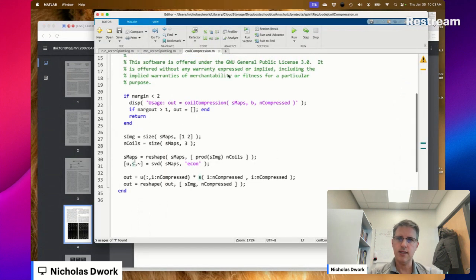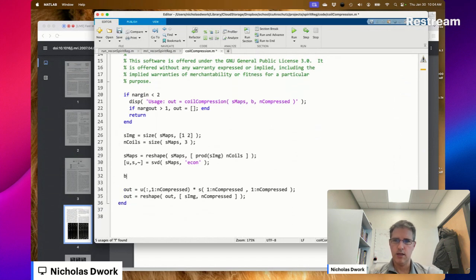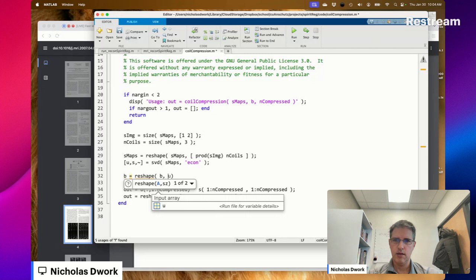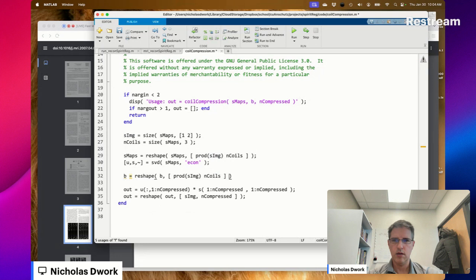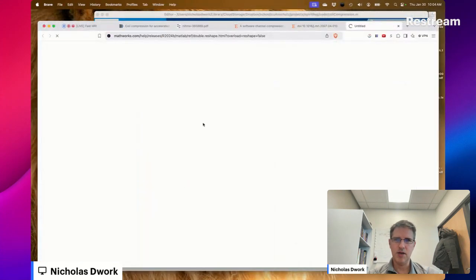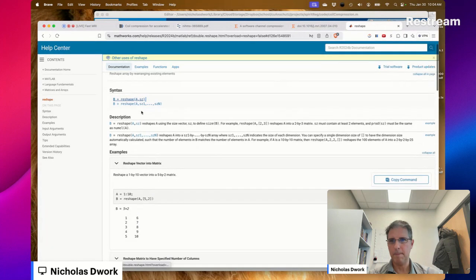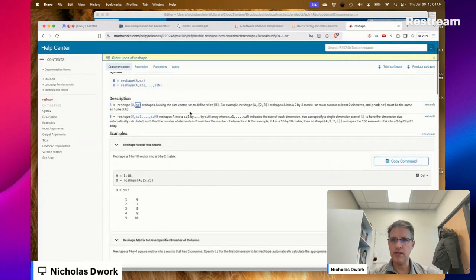I have an idea. Is it just this? Can I do that? That's what I want to do. In Python, you'd use -1 or something. Okay, what if you do this?